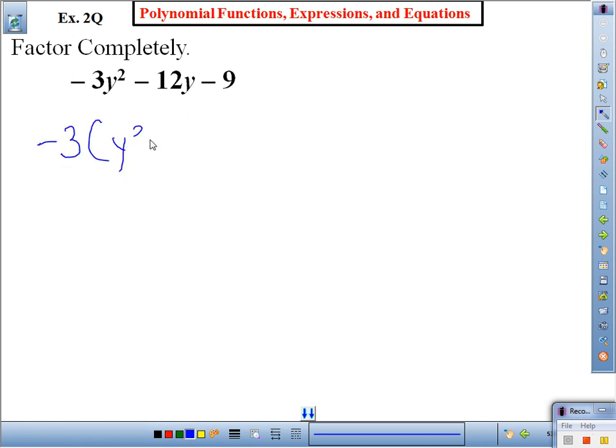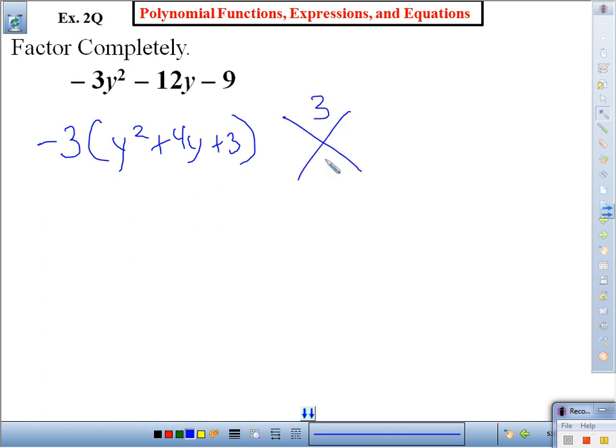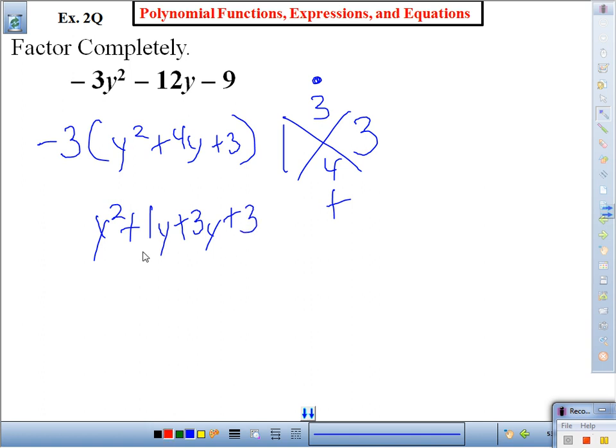3, that is correct. Y squared plus 4y plus 3. So far so good? Factor 3, 4, product, sum, 1 and 3 or 3 and 1? 3 and 1? Okay, 1 and 3. Alright, so then we rewrite this: y squared plus 1y plus 3y plus 3.